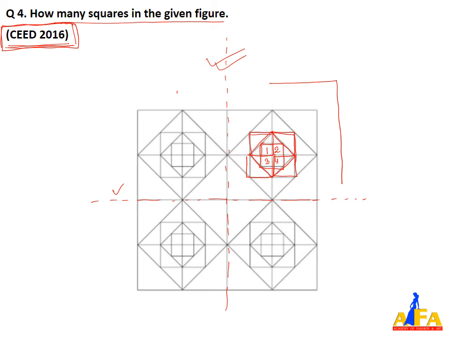Okay, then the combined one is 11, and then this is 12, 13, 14, 15, 16, and the bigger one is 17. So total number of the squares in this figure will be 17.